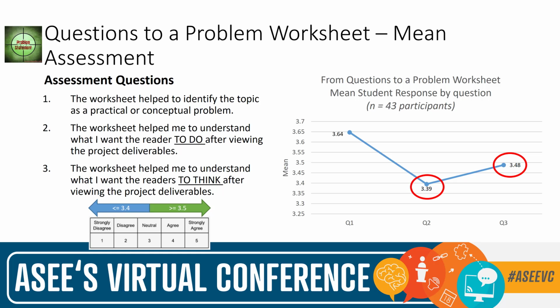However, the mean values for question 2 and question 3 were below the 3.4 threshold for the study. We examine the frequency of responses for each question on the next slide.